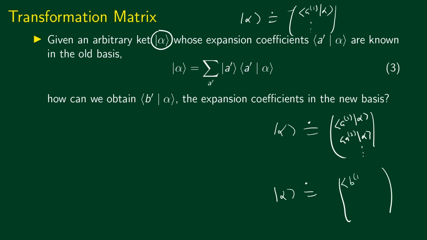These numbers are bra B1 ket alpha, bra B2 ket alpha, etc. Now, once we know these numbers, how do we find these numbers? That's the question. Once we have this column matrix, how do we go to this column matrix?